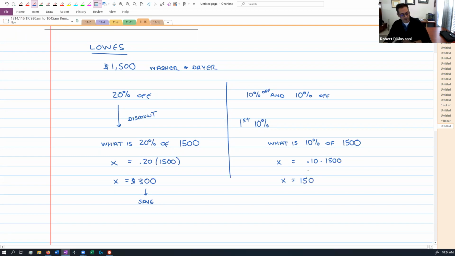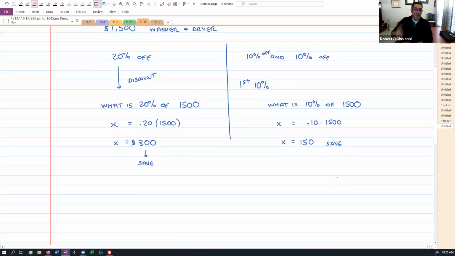Okay, that's how much I've saved so far. Right, I saved 150. Now they're going to scan the second 10% off. So now I want to know what is 10% of what?